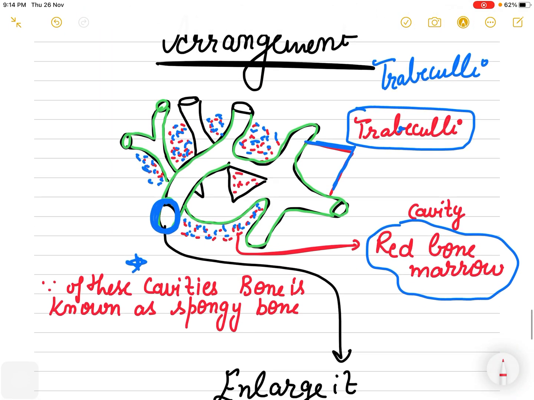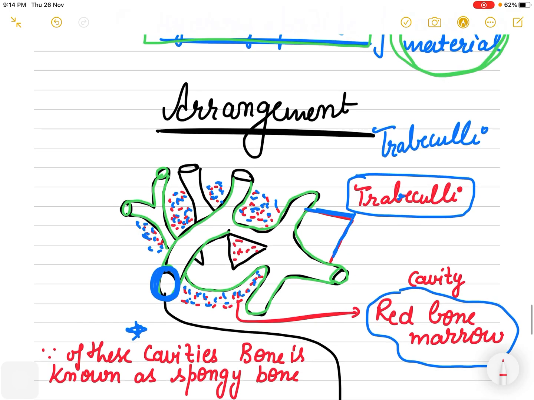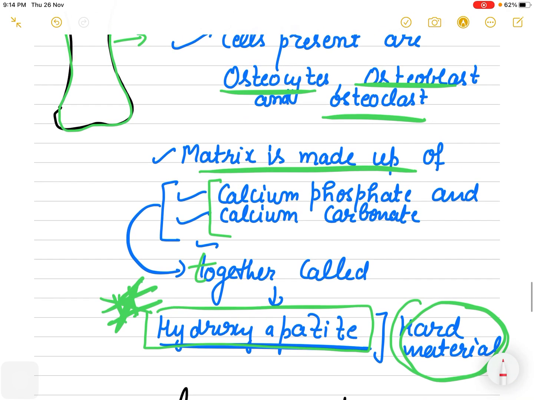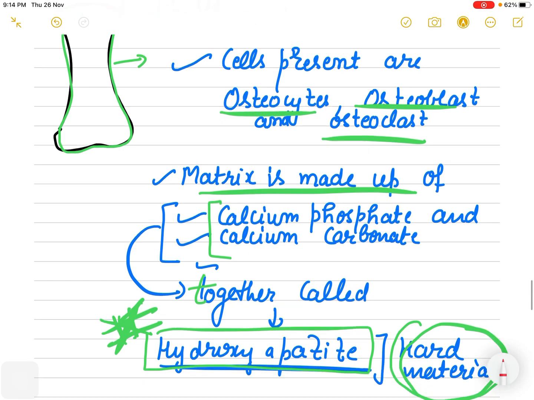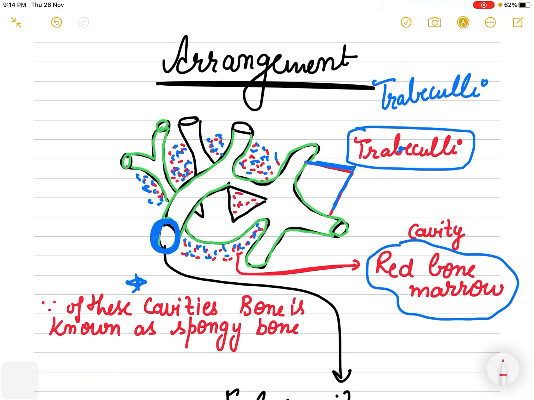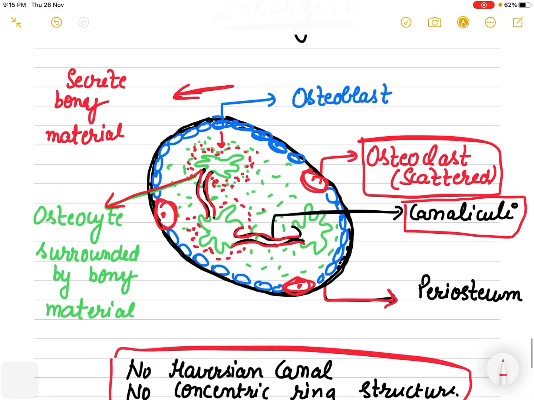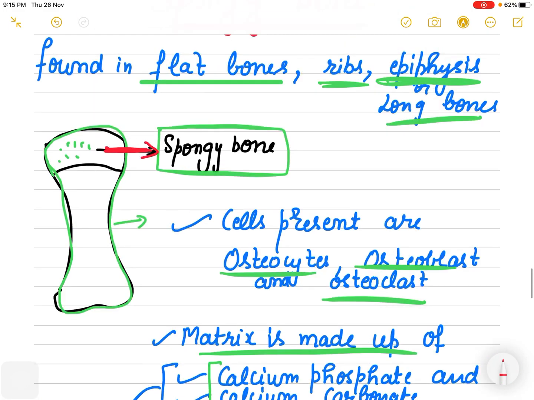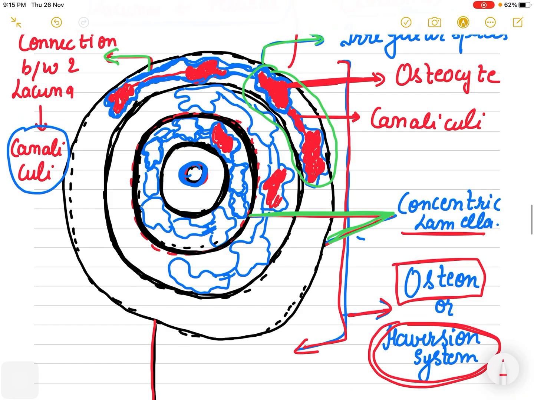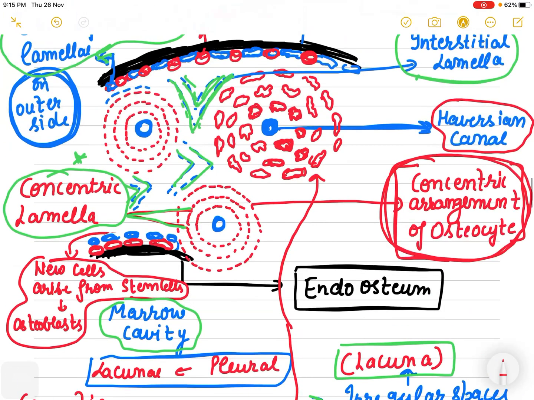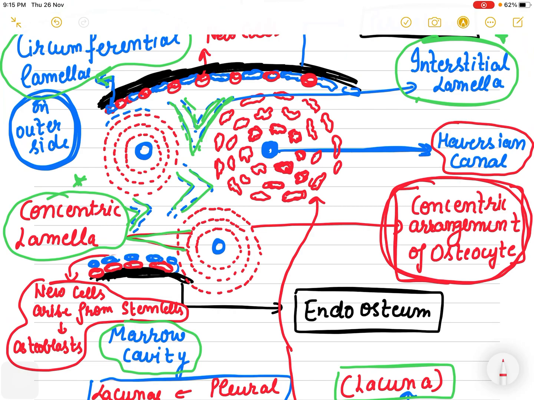This is the structure and arrangement of the spongy bone. The matrix is the same, the cells are the same, only the arrangement is different. No Haversian canal, no concentric ring structure, but definitely concentric lamella and canaliculi are observed.